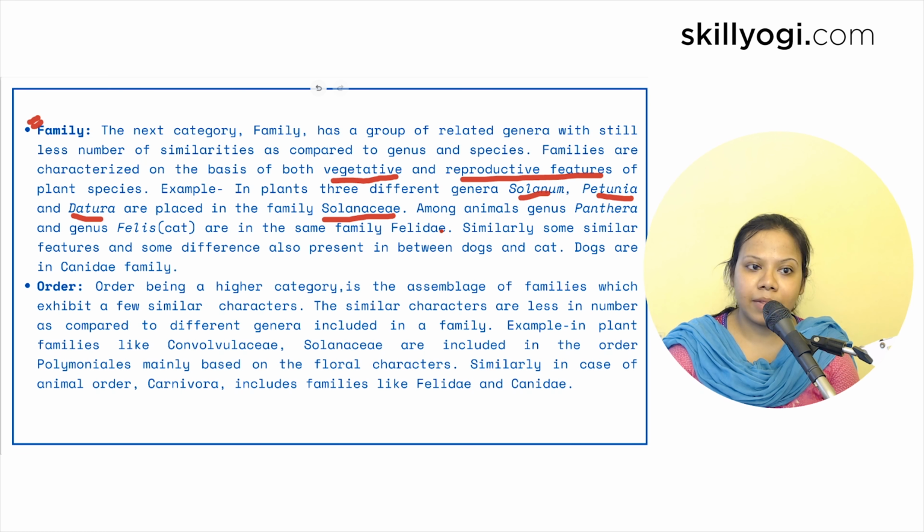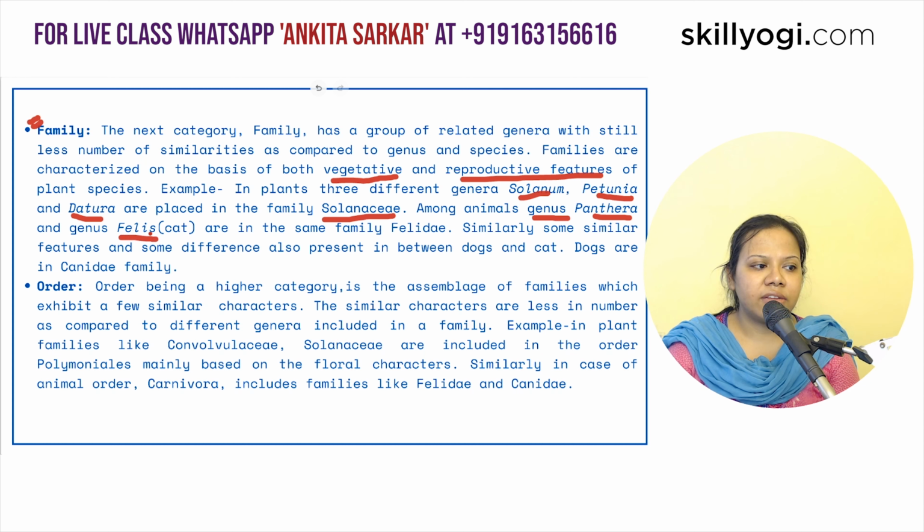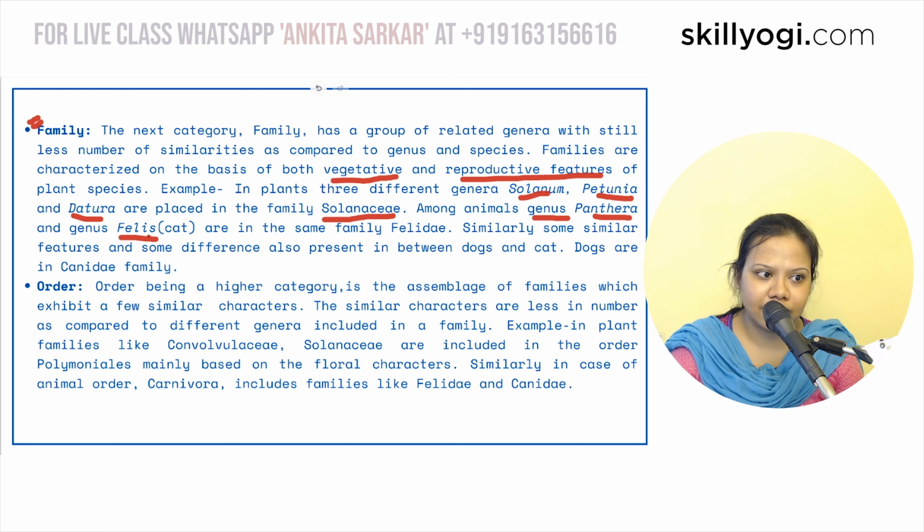Let's take an example about animals. The genus Panthera and genus Felis. Panthera is where lion and tiger are present, and Felis is the cat genus, where every type of cat is present.